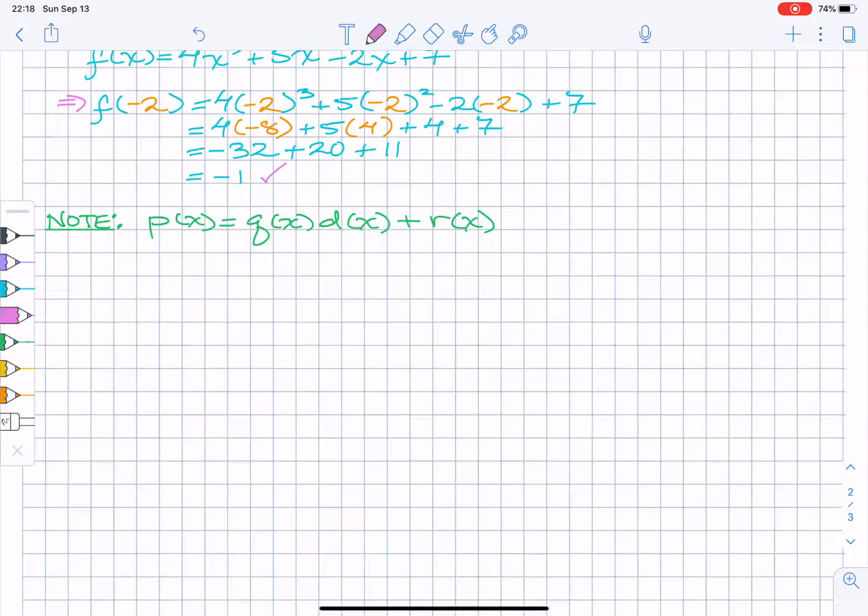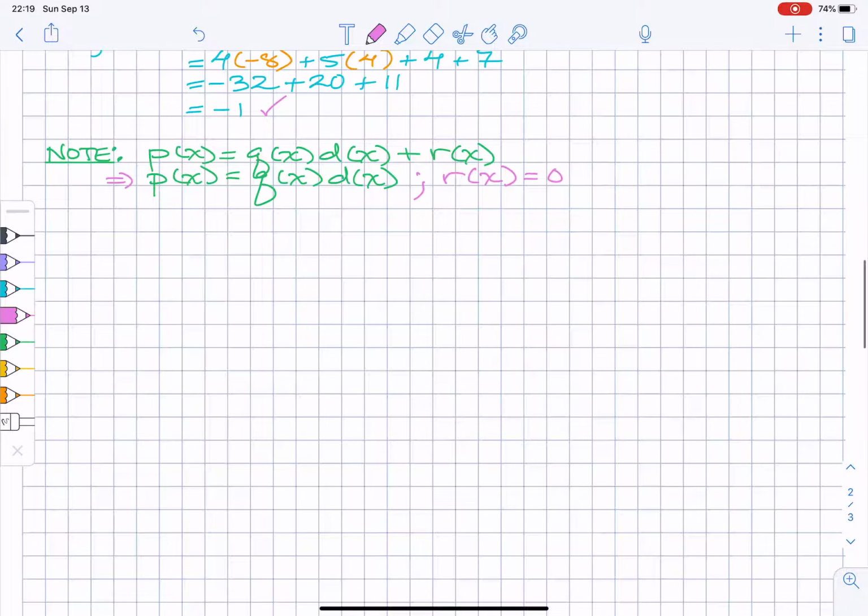So that implies that p of x is just the quotient, q of x, times the divisor, if r of x is equal to 0, right? So this would imply that d of x is a factor of p of x.